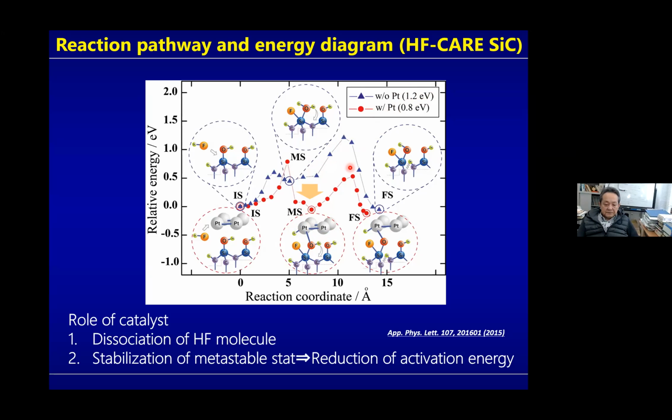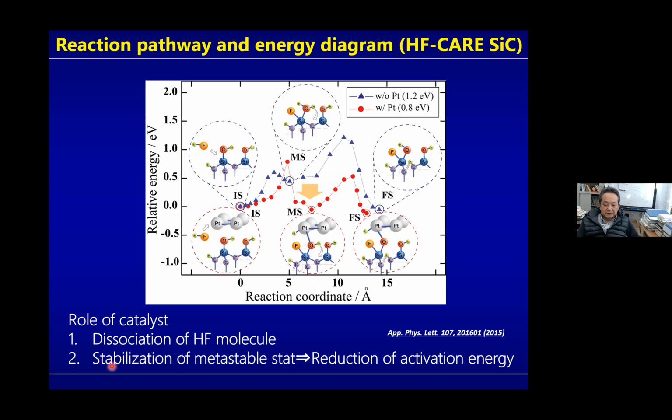So the most important role of the catalyst is as follows. The first one is that it could assist in dissociating the HF molecule due to the H-platinum interaction and the F-silicon interaction. And the second one is the stabilization.